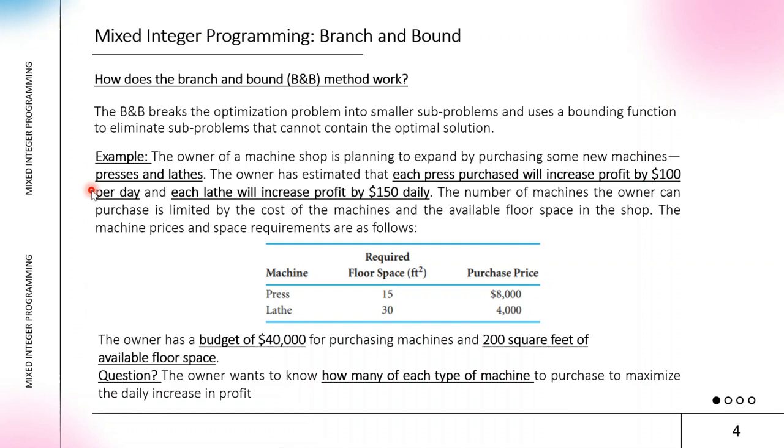The required floor space and the purchase price for each equipment are given in the table, as we can see from this table. The key question is how many of each machine should be purchased to maximize the daily profit without exceeding constraints.